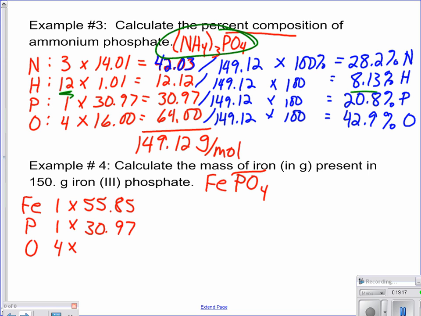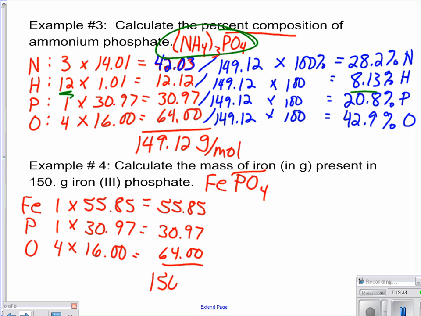Phosphorus is 30.97, and oxygen is 16. Do a little math. And we see that the total mass of this compound is 150.82 grams per mole.